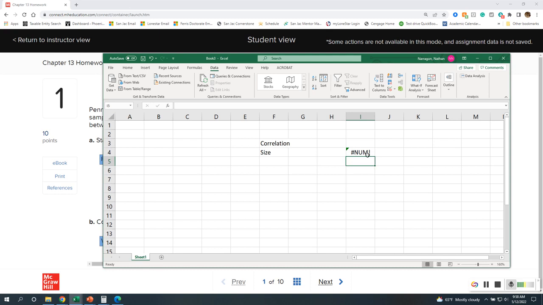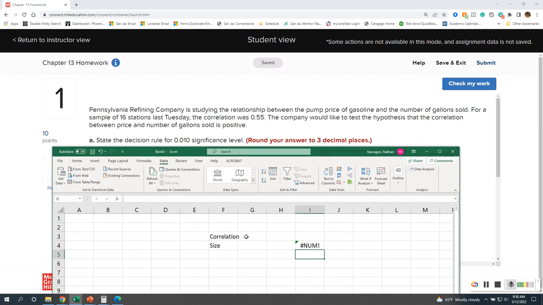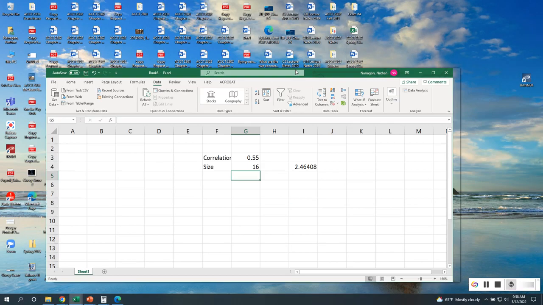Notice that it's going to say hashtag num because we have no numbers in yet. It's missing numbers. So we're going to go ahead and put our information in. 0.55 and we have 16. And there's our calculation. Whoa.